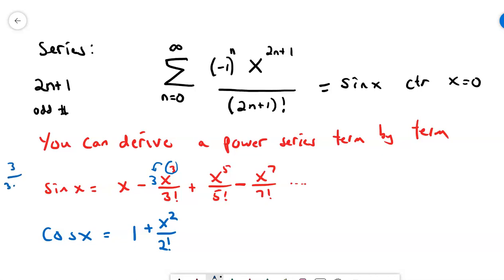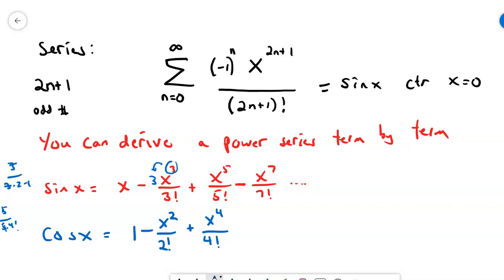On the bottom, you'll have a 3 times 2 times 1. Well, those 3's will cancel out. You'll just be left with the 2. Same thing's going to carry down over here. When you drop the 5 in front, you'll have a 5 on the top and a 5 factorial on the bottom. Well, the 5's will go away, the 4 factorial stays, so you end up with an x to the 4th over 4 factorial. Okay, I got the wrong sign in here again. That should be a minus.